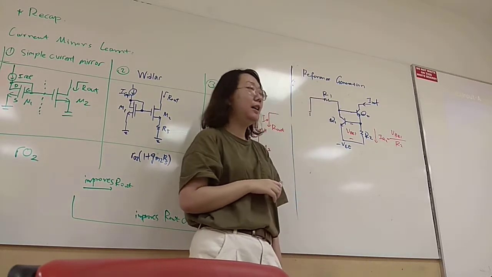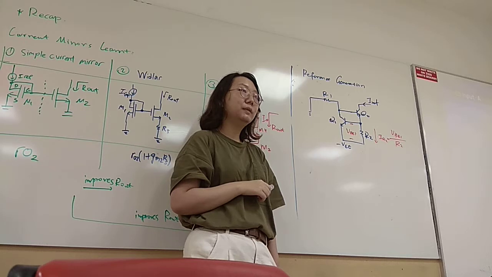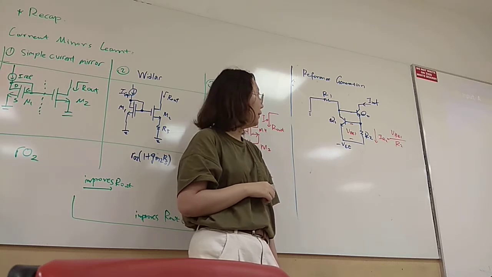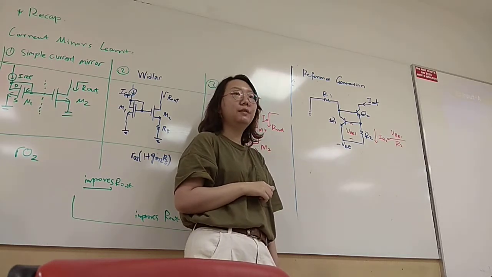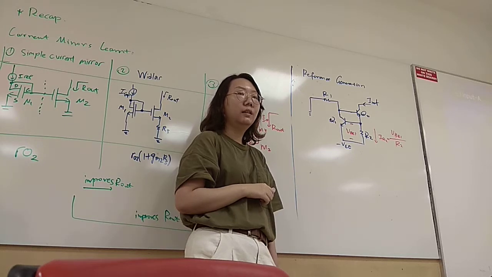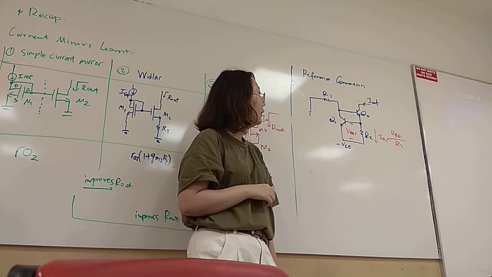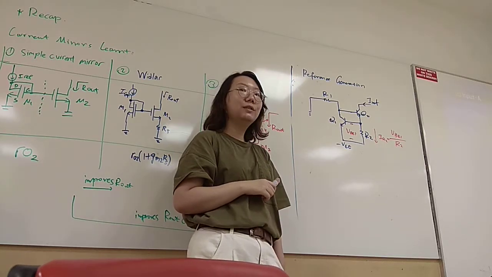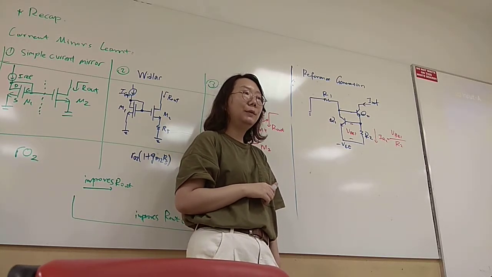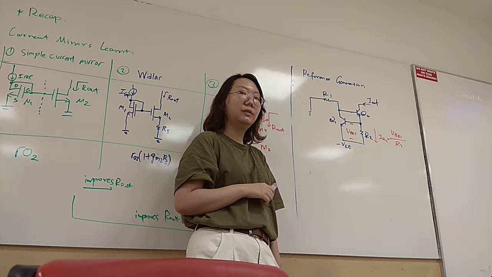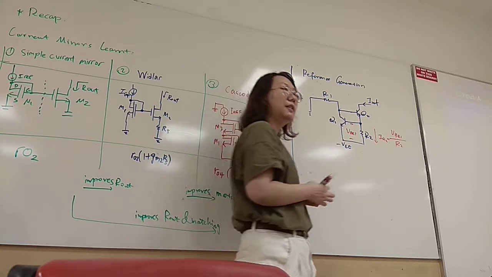So for this case, your IREF is your IC2. What's the relationship between IREF and IR2? IR2 is IE2, yes. And if we assume beta is very large, IB is very small, then they are about the same, right?